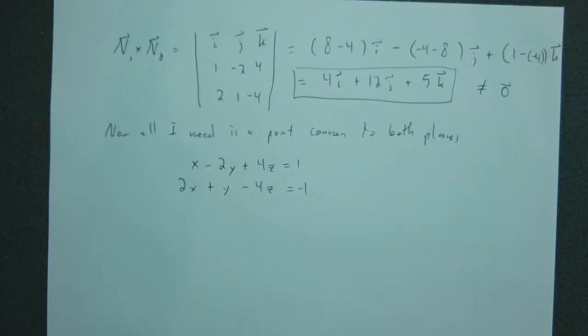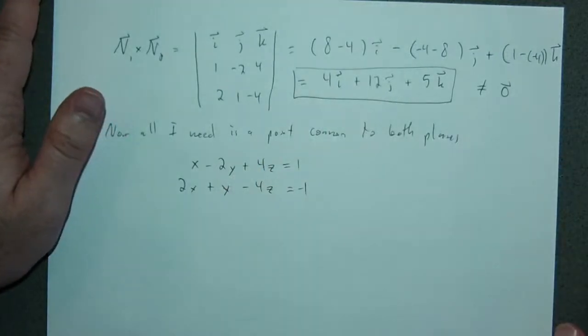Okay. And so there's a number of ways, and there's obviously a number of points that we could come up with here. So the question is, how do you want to do this? Well, all we need is to find a point that satisfies both of these equations. Okay, so what's something we could do?